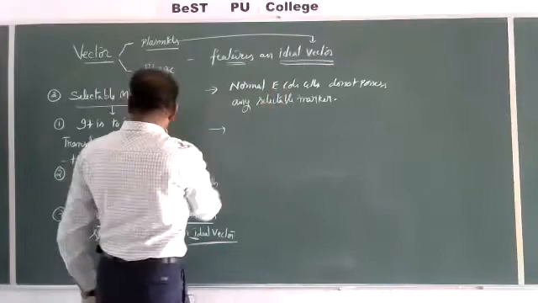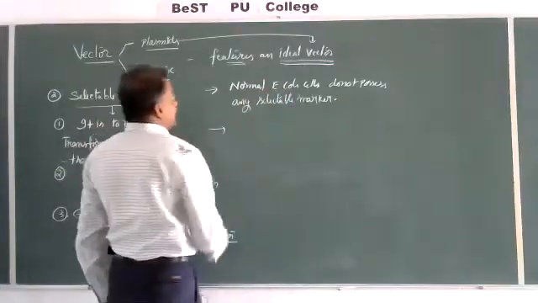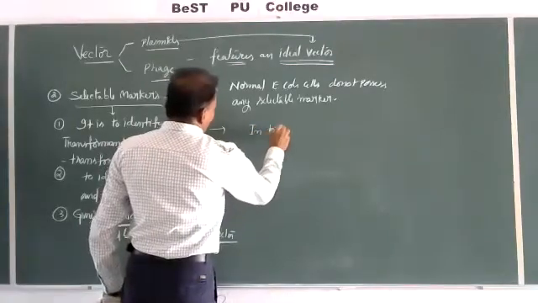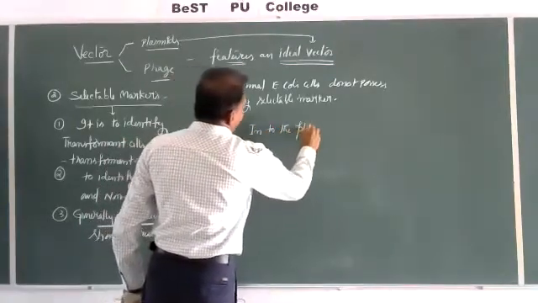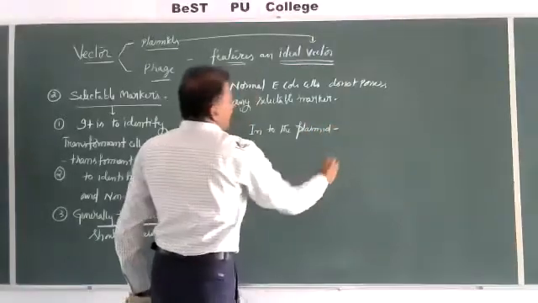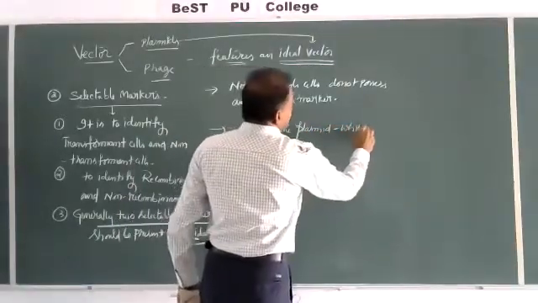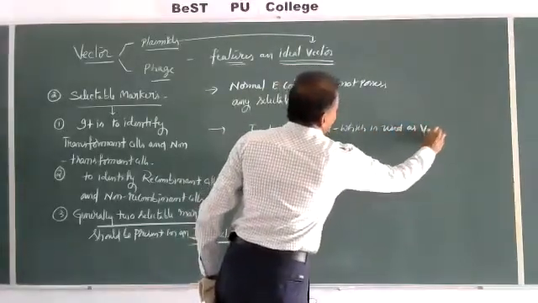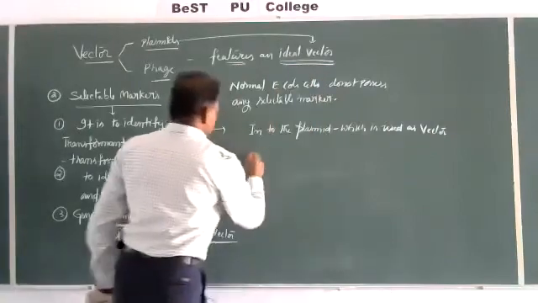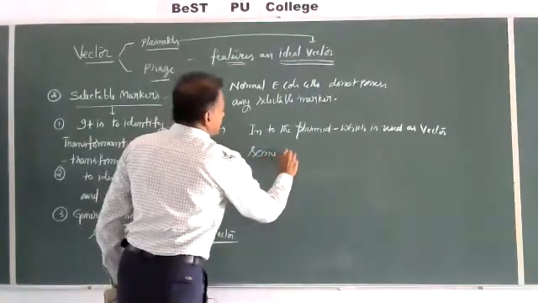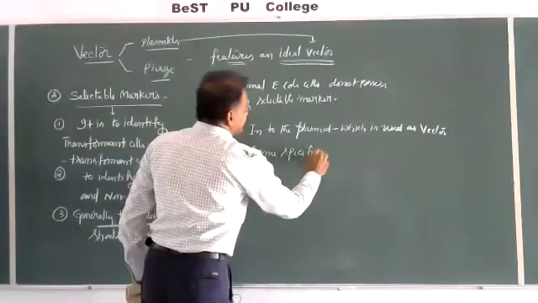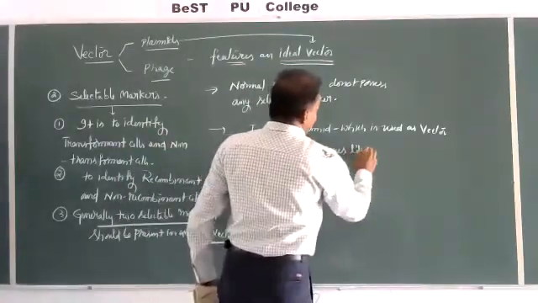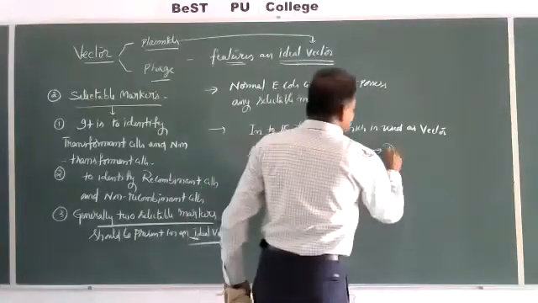To understand these four statements, we have to study the plasmid which is used as a vector, some specific genes like drug resistant genes.